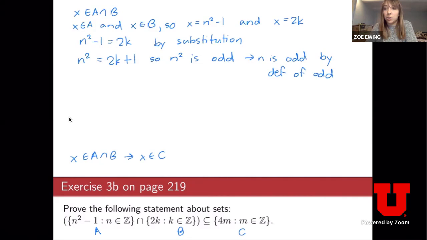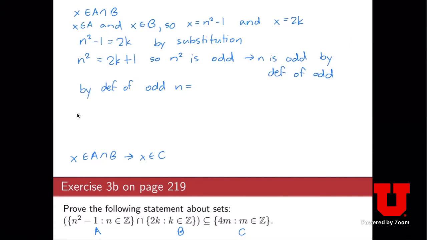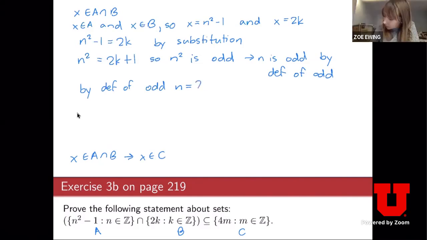We're just going to be using our properties of odd numbers. So by definition of odd, we can set n equal to what? You could set it equal to 2p plus 1, where p is an integer. Yeah, awesome. Where p is in the set of integers.